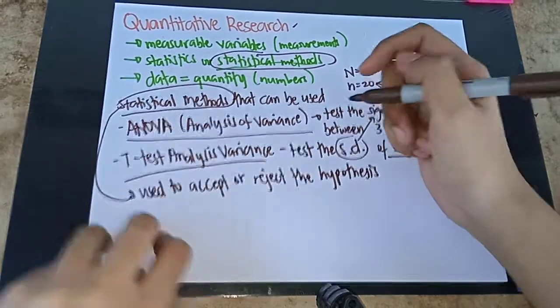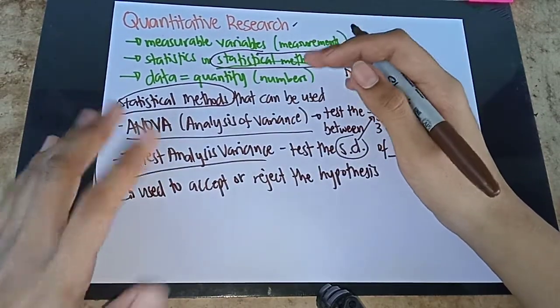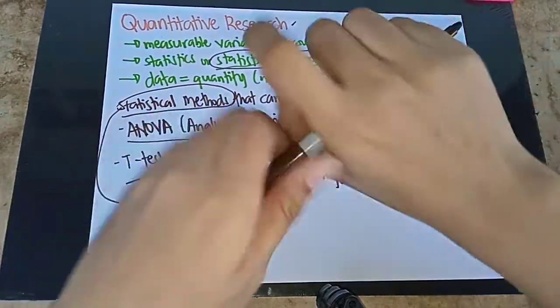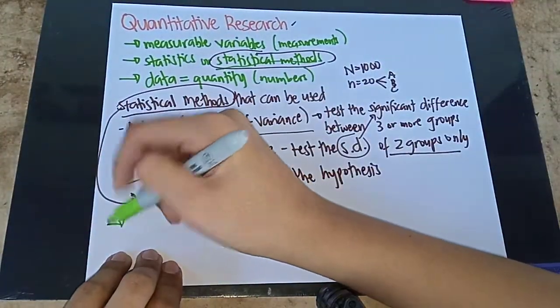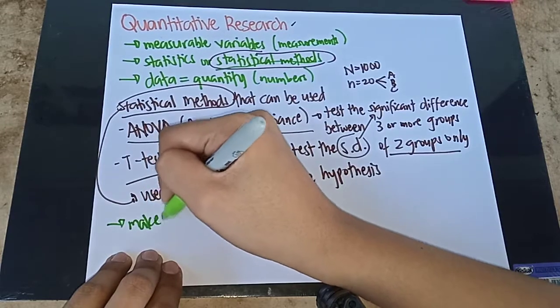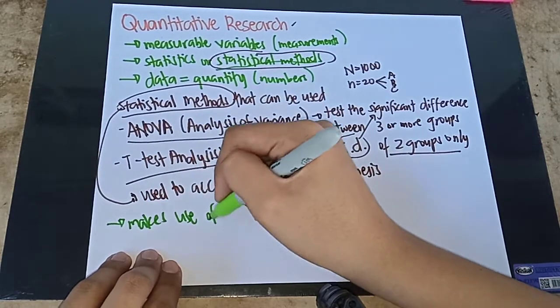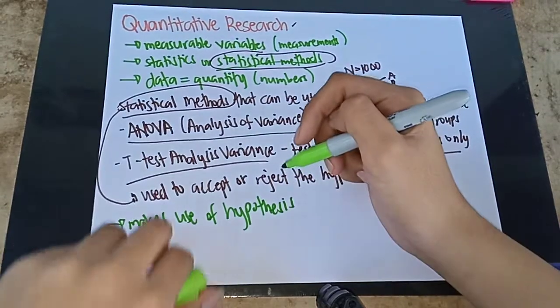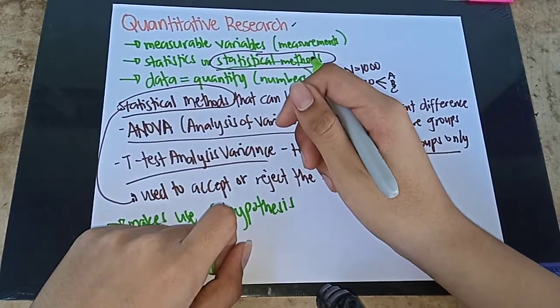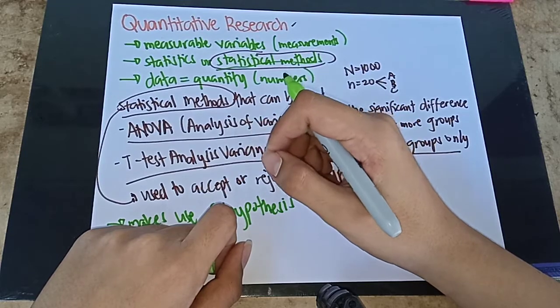Meaning to say, in quantitative research, one characteristic of quantitative research is that it makes use of hypothesis. That is one of the characteristics of quantitative research.